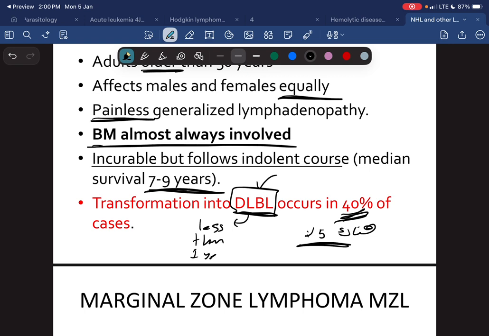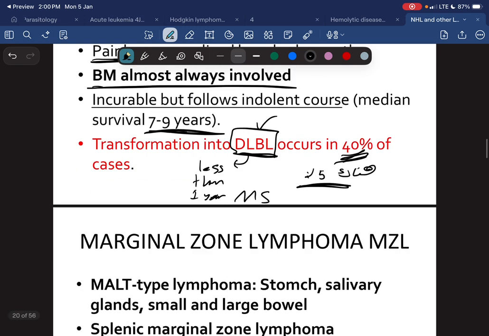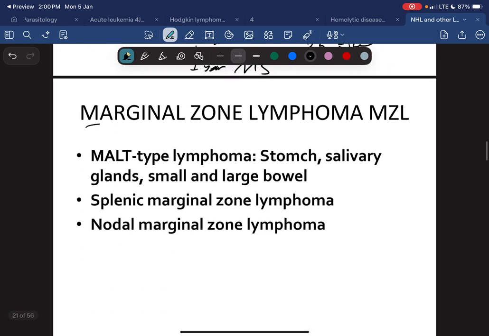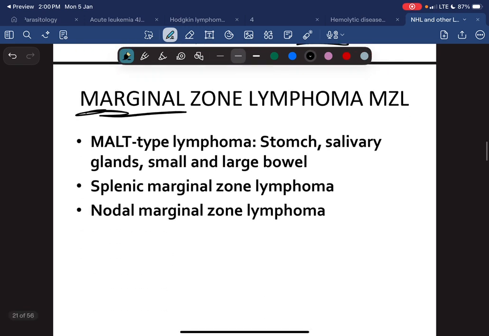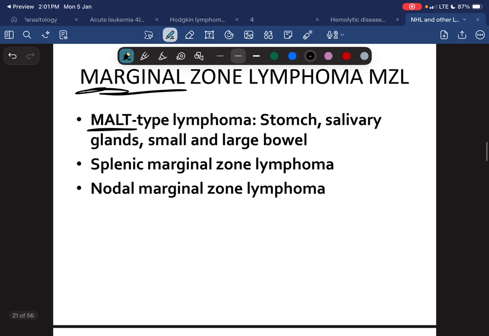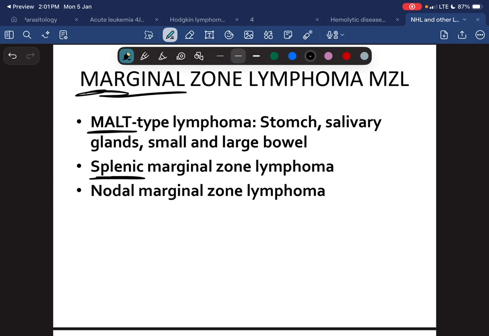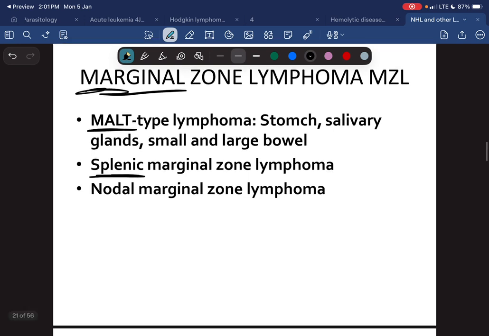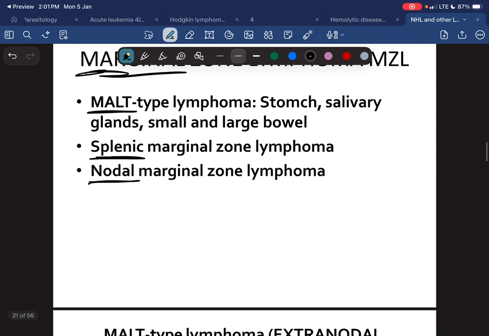Marginal zone lymphoma, we have three subtypes. Marginal zone lymphoma nodal type, يعني arising from lymph node, while extranodal types like splenic marginal zone lymphoma arising from the spleen, and maltoma, which is mucosa-associated lymphoid tissue lymphomas, seen in mucosal surfaces like the stomach, small and large intestine, also salivary glands.